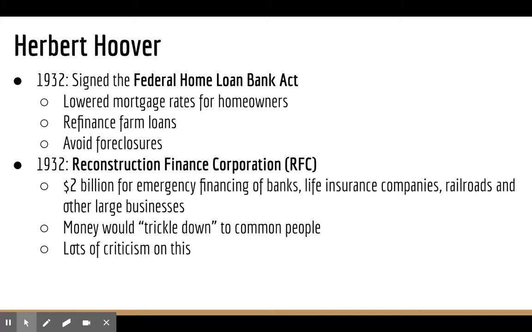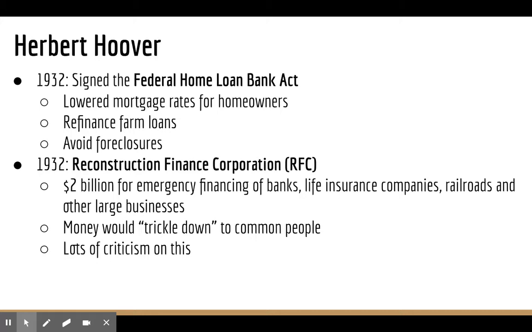So if people cannot meet their mortgage rates, let's support them and try to lower it. Let's give people the opportunity to refinance their loans. If they can't make their loan payment, maybe we can give them some grace and lower the amount. So they might have to have the loan for longer, but they can pay it in smaller amounts. Again, this is to avoid people having to lose their farm or losing their homes.